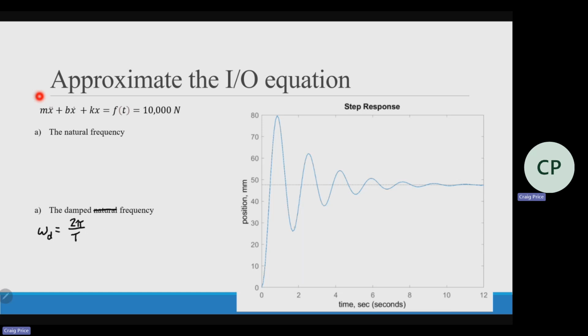This is a little bit easier, I think, than trying to determine what that settling time is. This would be about right here. That would be 1 period. So we can estimate that and then figure out the damped frequency. What would you say that number is?